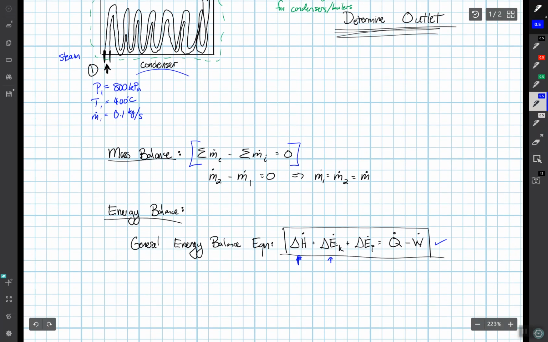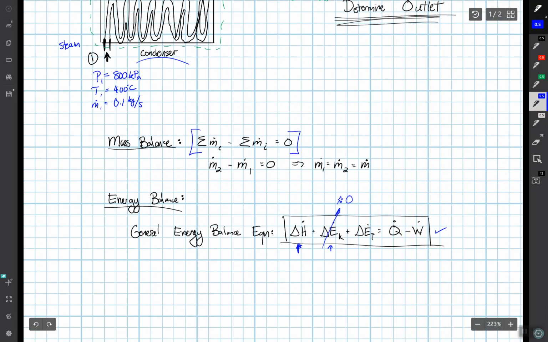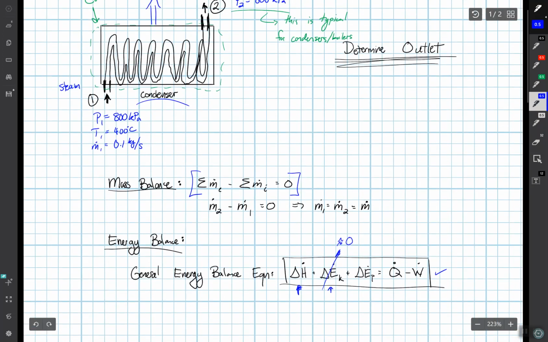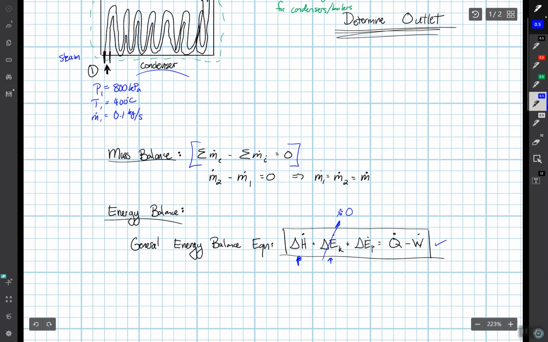Typically for this kind of a system, it's designed so that there's not. Typically you design it so that the velocities are relatively low, so there would be changes, but that's changing from one low velocity to another low velocity, which means that typically the changes in kinetic energy are small.